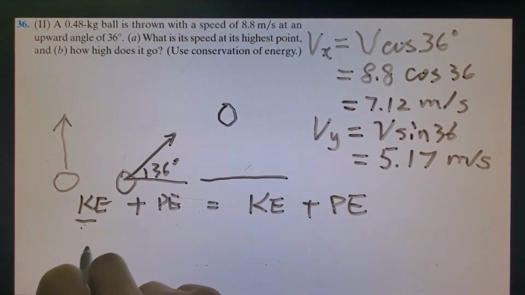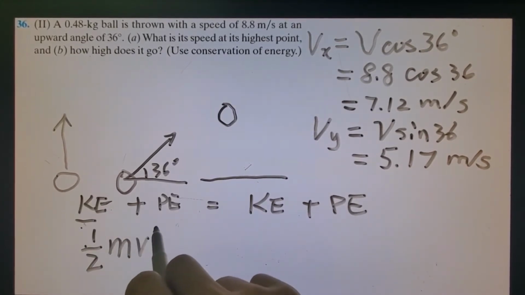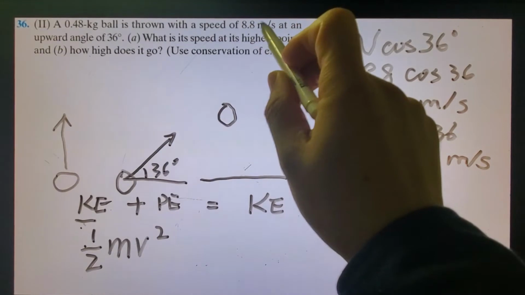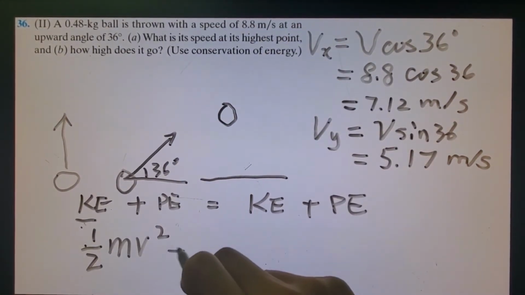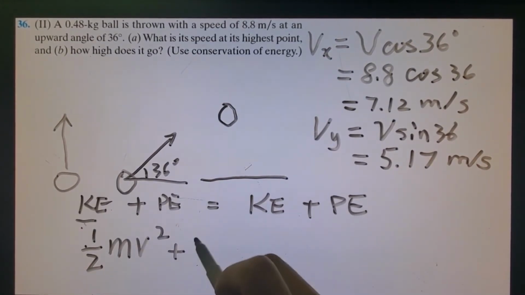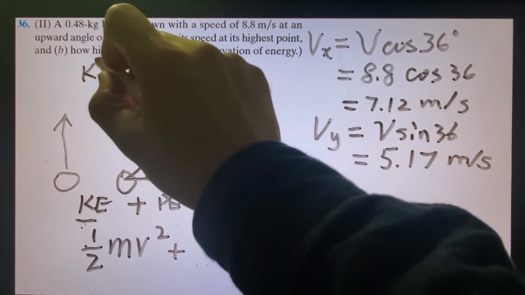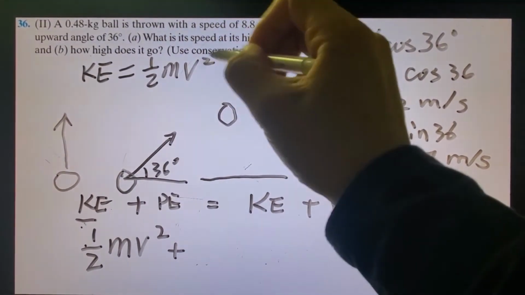Initially, kinetic energy is equal to half mv squared. V is the velocity at the beginning here. Plus, what is my potential energy here? It is equal to mgh. So kinetic energy is equal to half times mv squared.